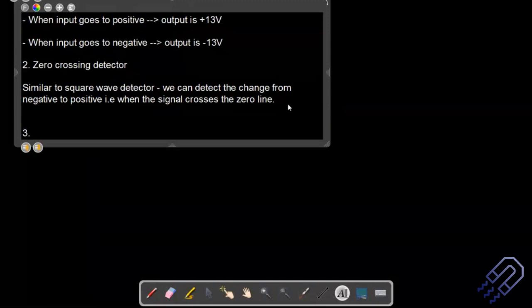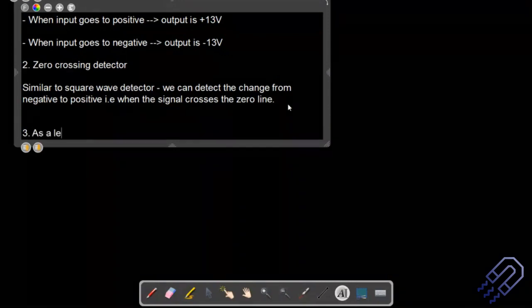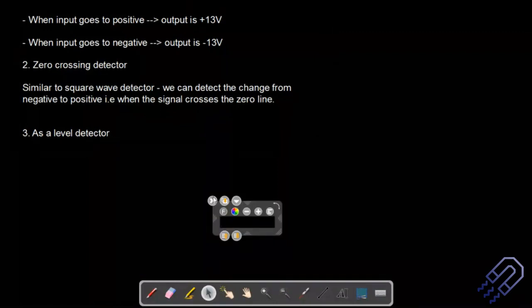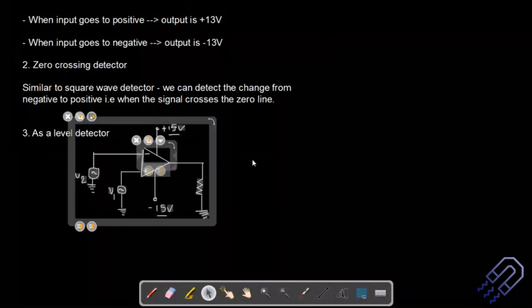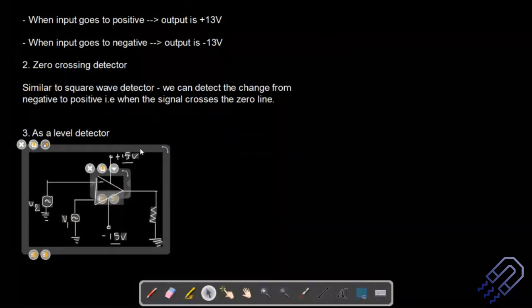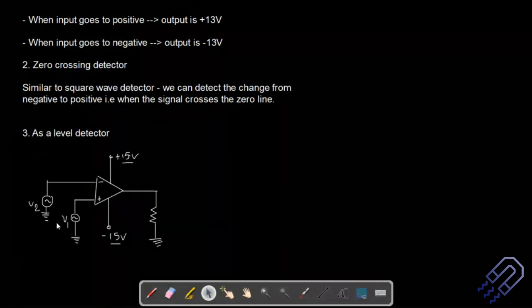And finally, the third one is as a level detector. One of the voltages can be taken as reference here, and then we can do the calculations. In general you can have one voltage as V input, V in, and the other one, which is V2, can be taken as a reference voltage.